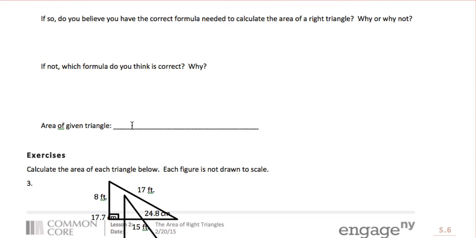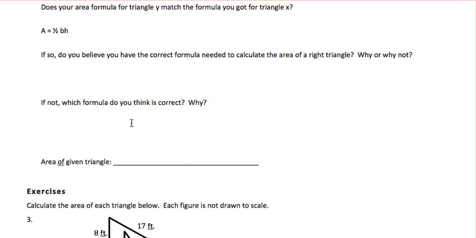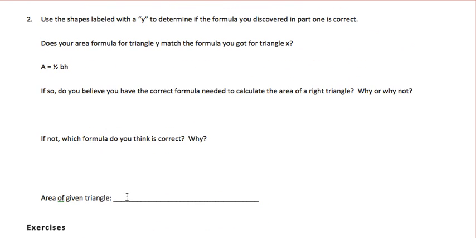The area of the given triangle, and that was, remember, a square that we started with. So our area then would be 1/2 times 3 times 3, which would be 4.5. And those were square inches.